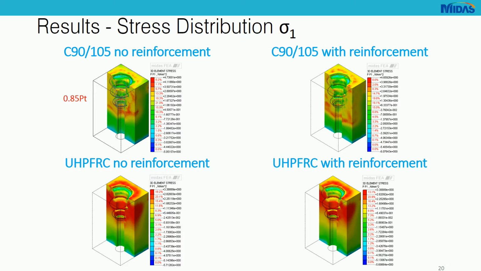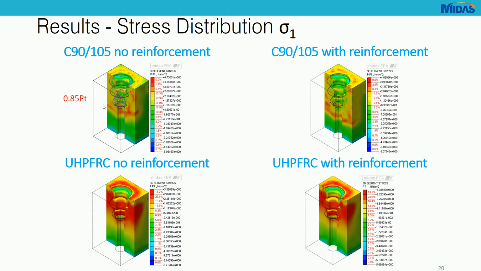We can see that the stress, so as I mentioned, these are sigma 1 stresses, so principal stress, tensile stresses. We can see that for the C90/105 without the reinforcement, I have mentioned here that we have 0.85 PT. This is because without having the reinforcement, the model fails before reaching the full load.